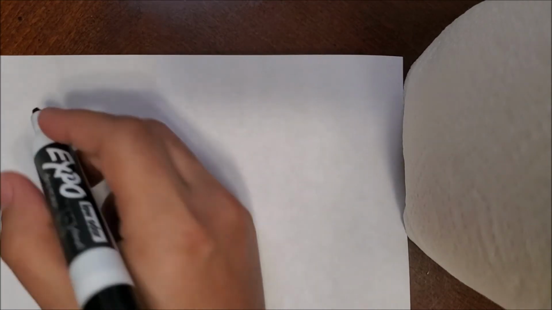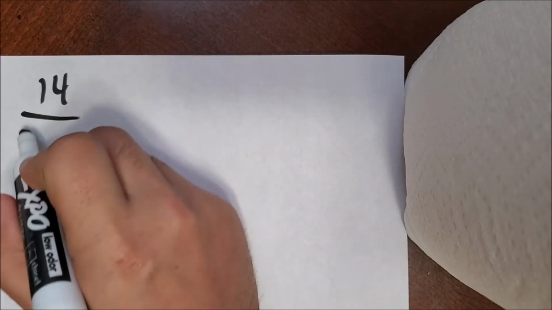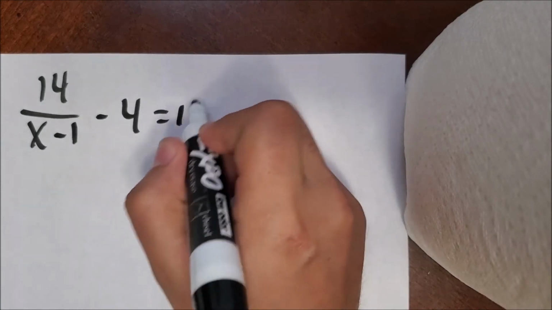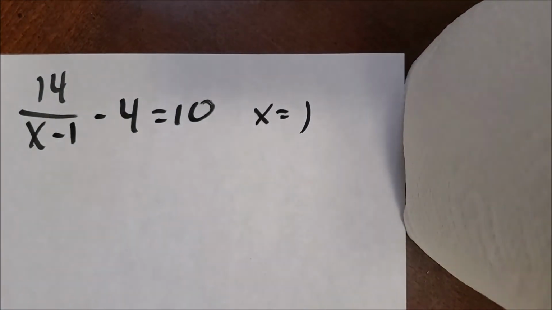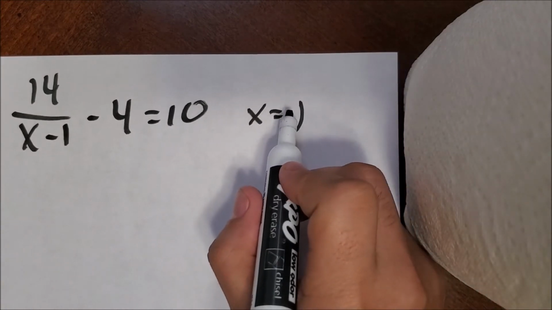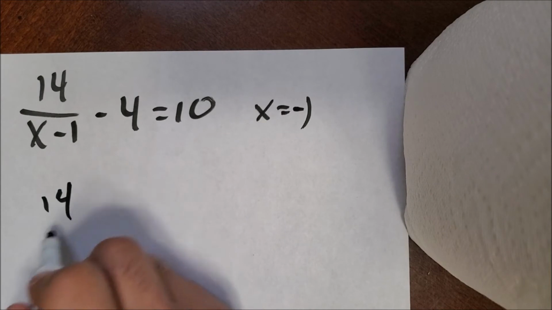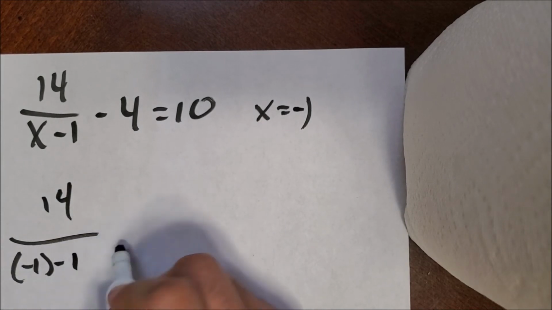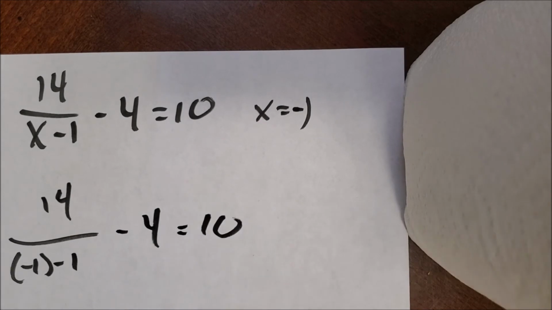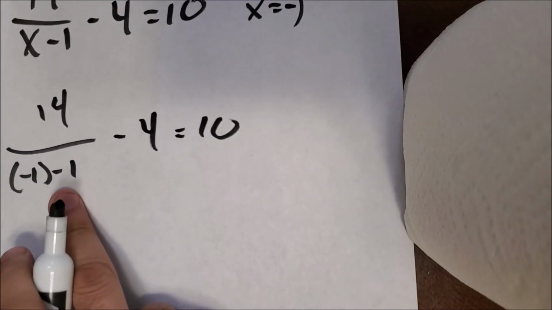So when you're given a possible solution, you need to check if it's right or not. Let's look at that same problem, and we're going to put in an incorrect solution. Let's test x equals -1. Then we get 14 over -1 minus 1, minus 4. -1 minus 1 is -2.